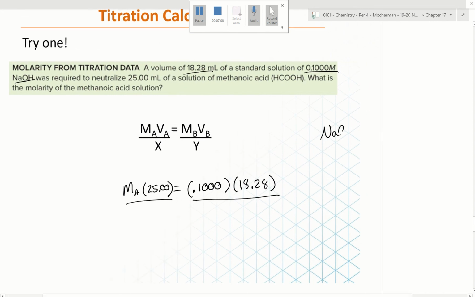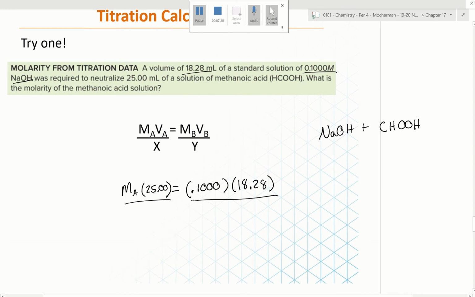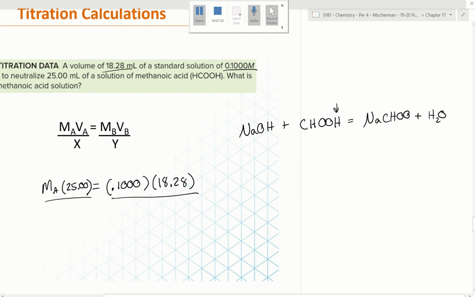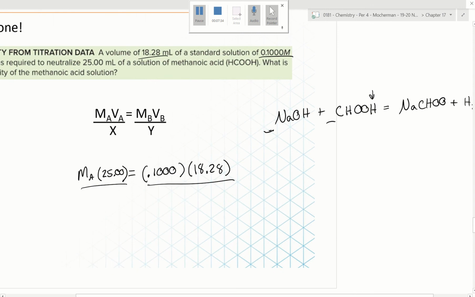Well, NaOH plus CHOOH. So we're going to say that it's got one H on it that's going to react, equals NaCHOO plus H2O. And so this balances out as 1 to 1. So I'm going to say 1 to 1.